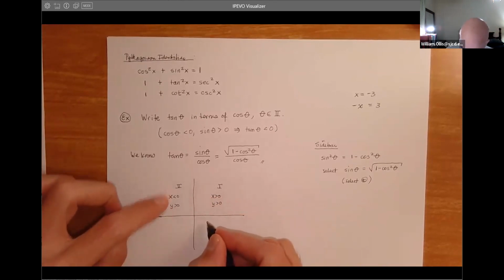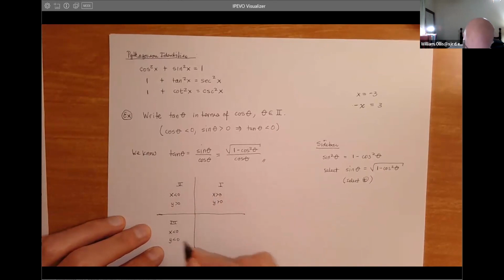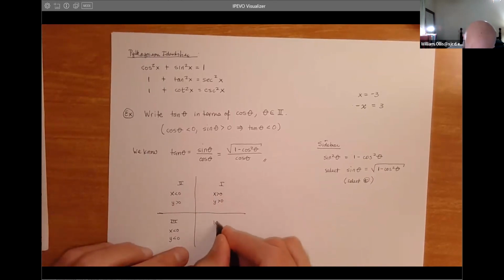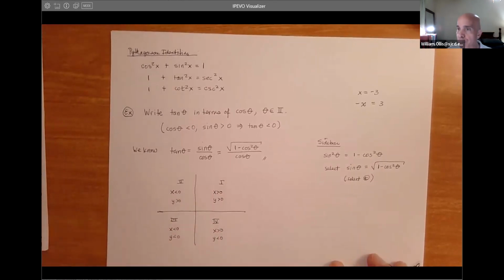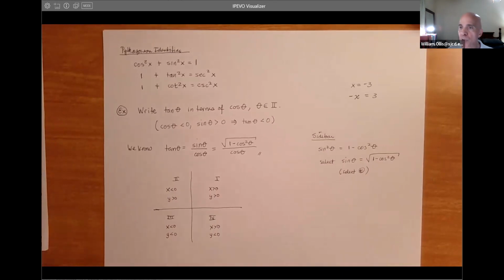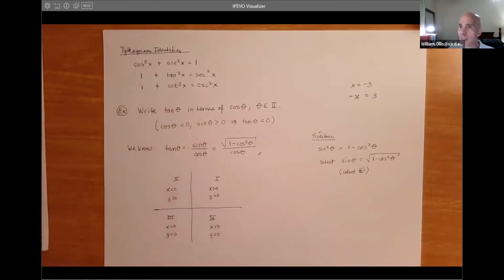Third quadrant, both negative. If it helps to just write this down on a note card, then do it. Fourth quadrant, X positive, Y negative. It's that simple. So there's certain arithmetic conventions that have always been there. It's just now we're connecting them to the trig functions.